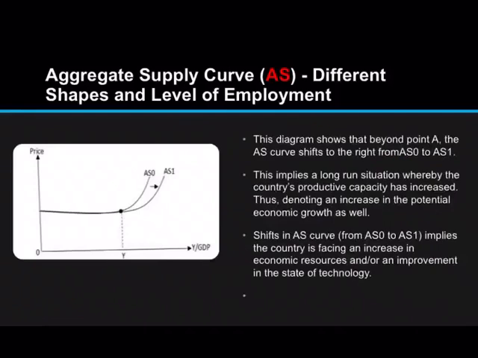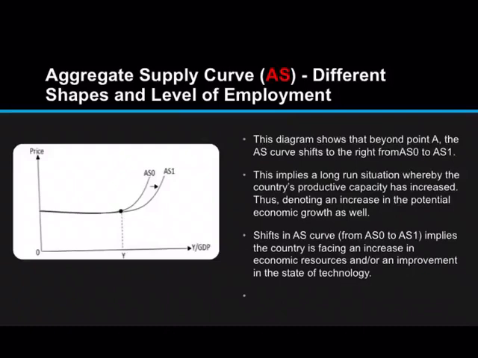So in reality, this is how the AS curve will look like. Before the point Y, you can see a horizontal line of the aggregate supply curve. After the point Y, you can see the supply curve is going upwards. So AS0 to AS1.